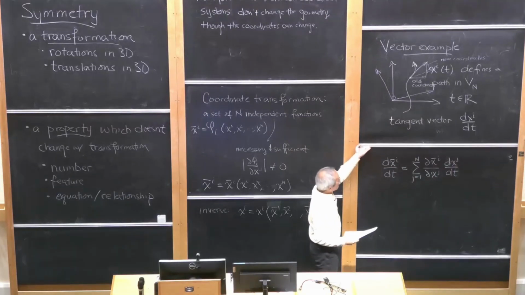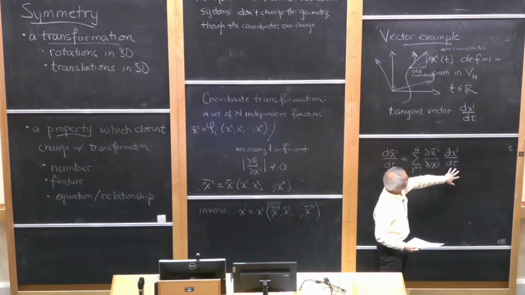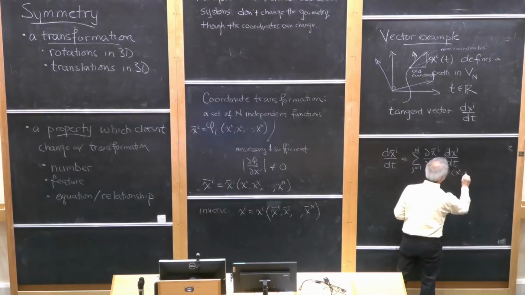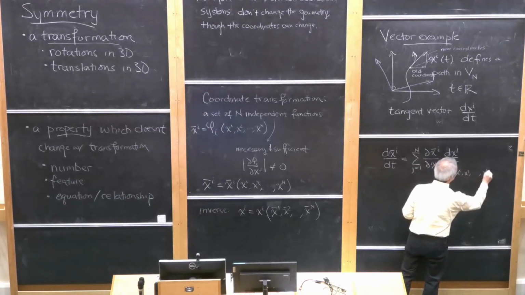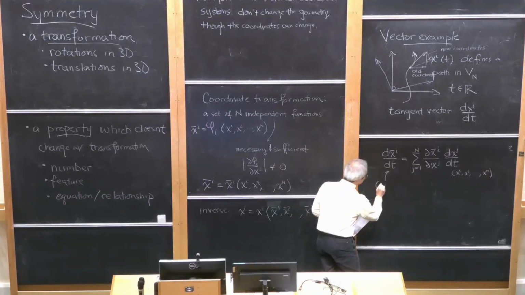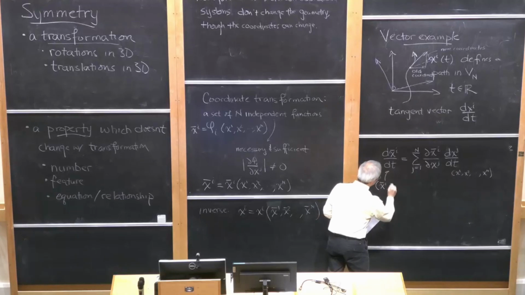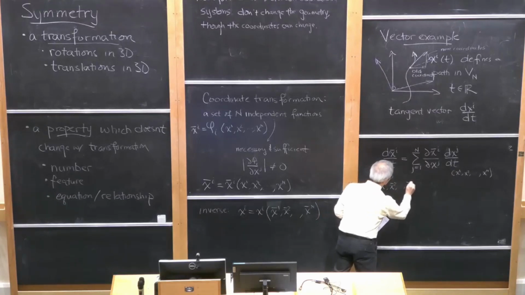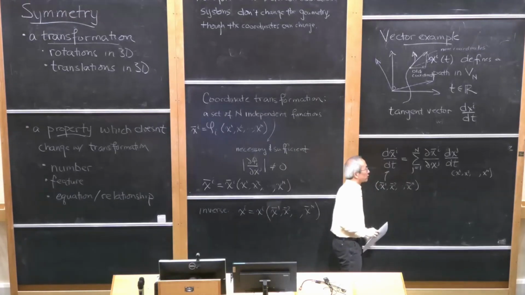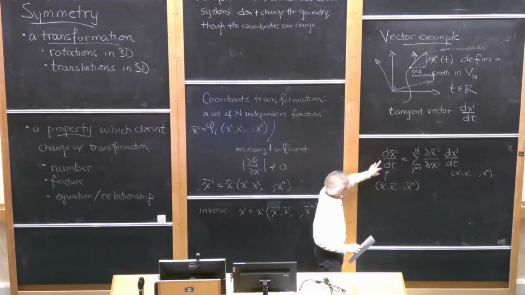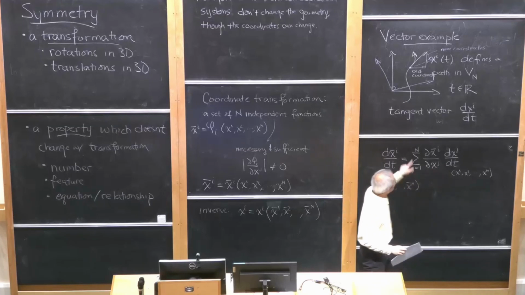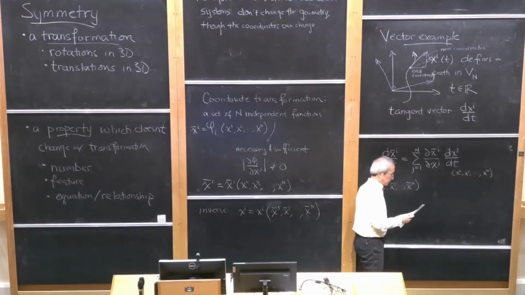Now, of course, you've probably expressed this in terms of the xi coordinates, so you have x1, x2, et cetera, xn. Ultimately, you would like to rephrase this in terms of x bar 1, x bar 2, et cetera, up to x bar n. So there is that little under the hood change of variables that you need to do as well. But the relationship between the transformed vector and the old vector is this one, where you're basically just using the chain rule.